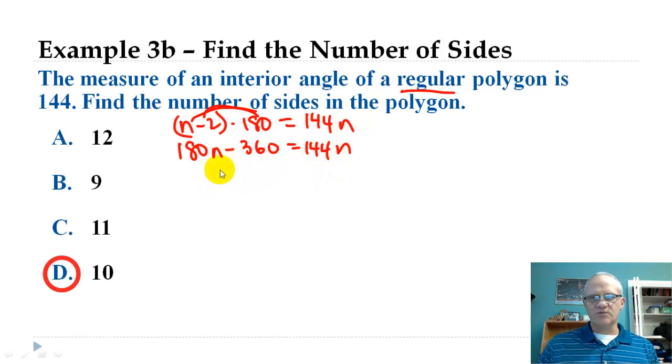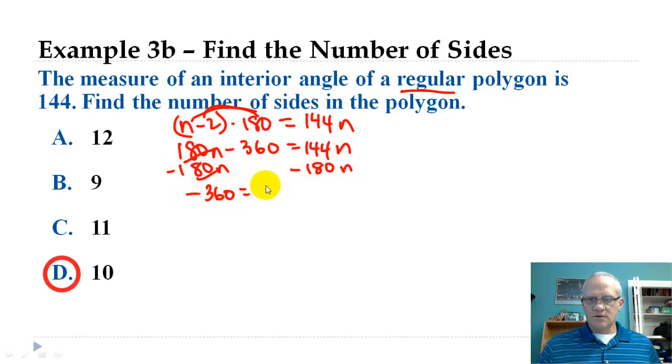That's what I was contemplating before, but I'm going to do it the same way. So minus 180n, so negative 360 equals negative 36n.